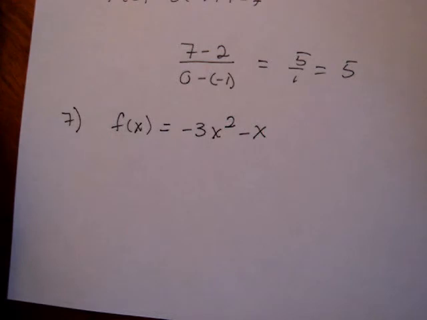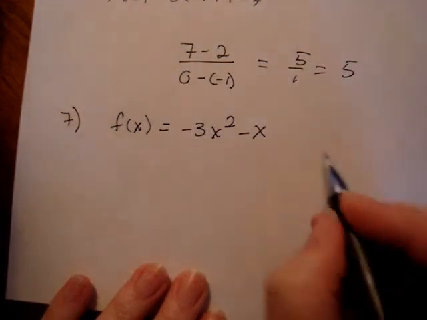We learned in class last time that the graph of that is a parabola. And so it does not have a constant slope like a line. A line is the same steepness no matter where you are on that line. A parabola, the steepness is different depending on where you are. So an average rate of change is just measuring the steepness at a particular place on that parabola. Okay?